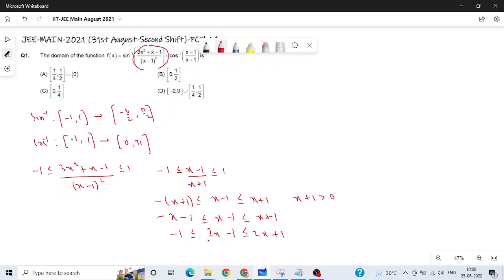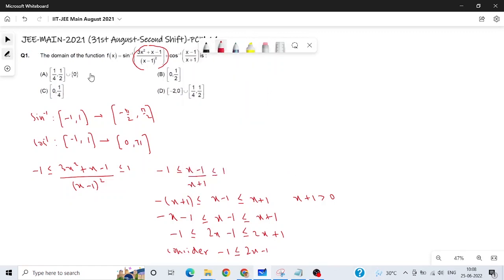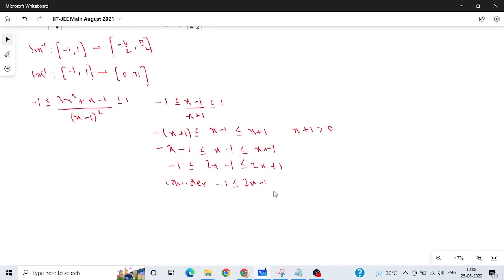Considering the first two, minus 1 less than equals to 2x minus 1, we get 2x greater than equals to 0, which implies that x is greater than equals to 0.